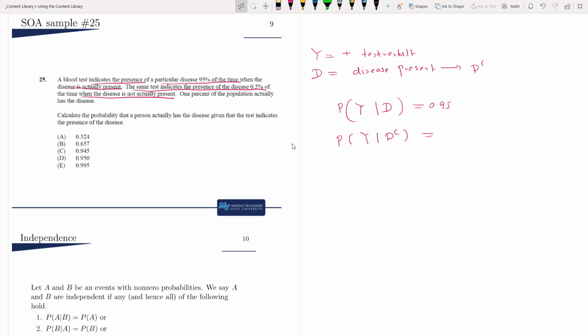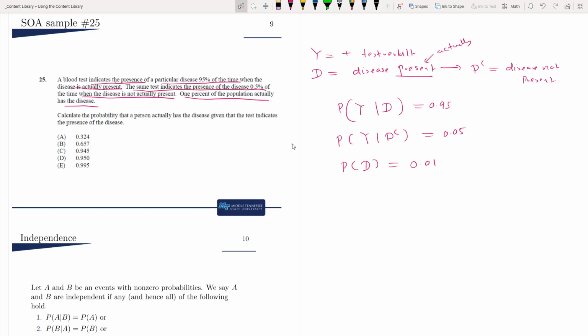So D complement is disease not present. So this one is going to be 0.005. Then it says 1% of the population actually has the disease. So that's basically the probability of disease, 0.01.